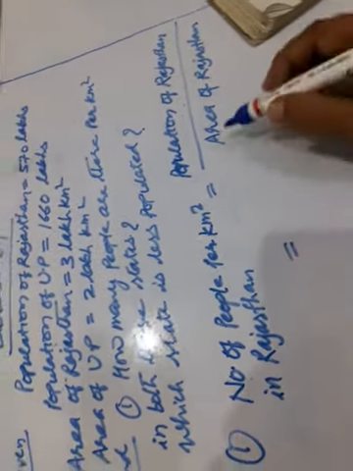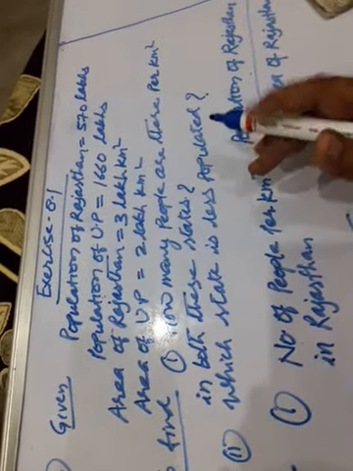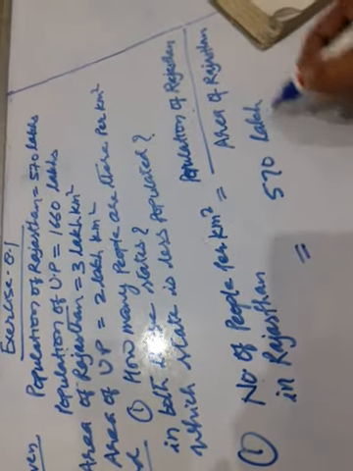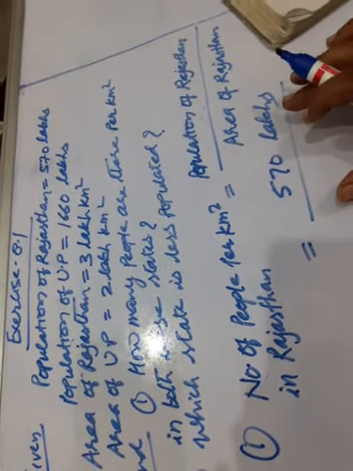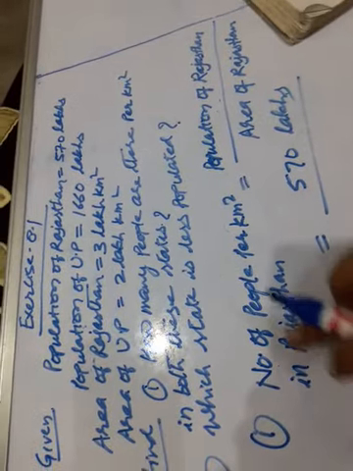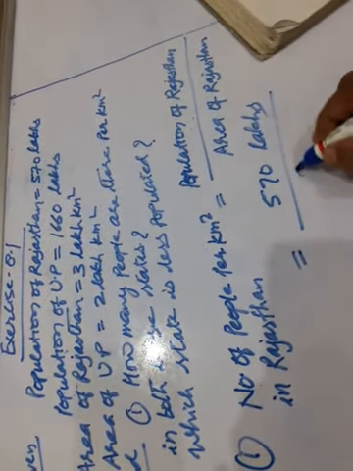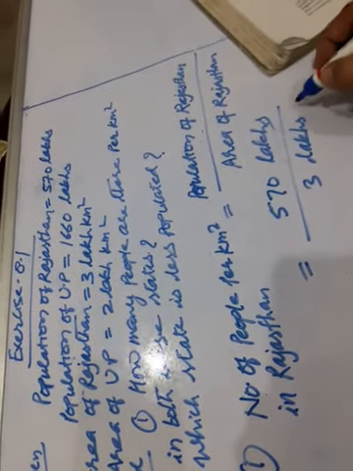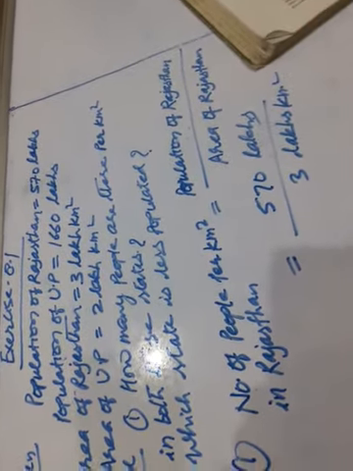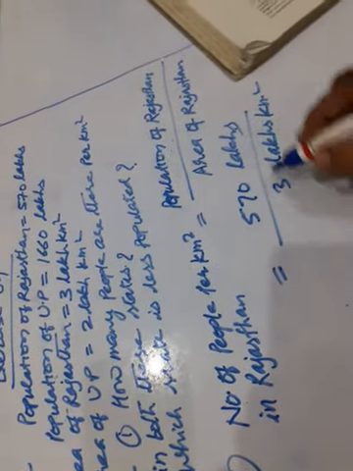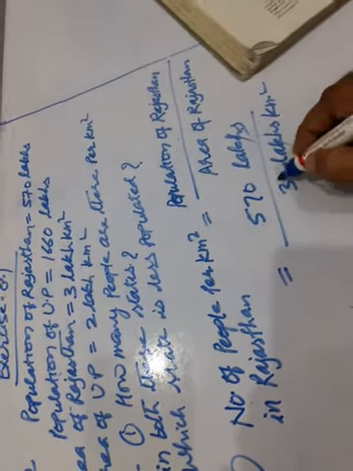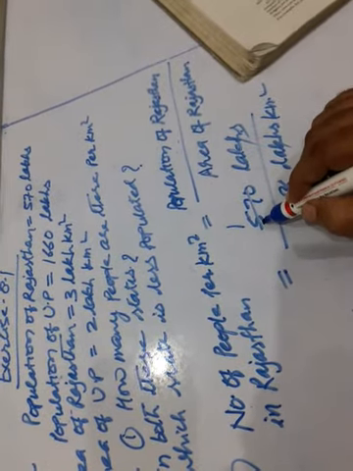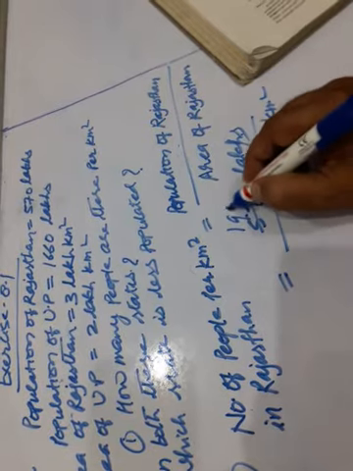This is equal to population of Rajasthan, which is given to be 570 lakhs, and area of Rajasthan, which is 3 lakh square kilometer. Okay, children? So the lakh gets cancelled. 3 ones are 3, 3 nines are 27, and 3 0 0.